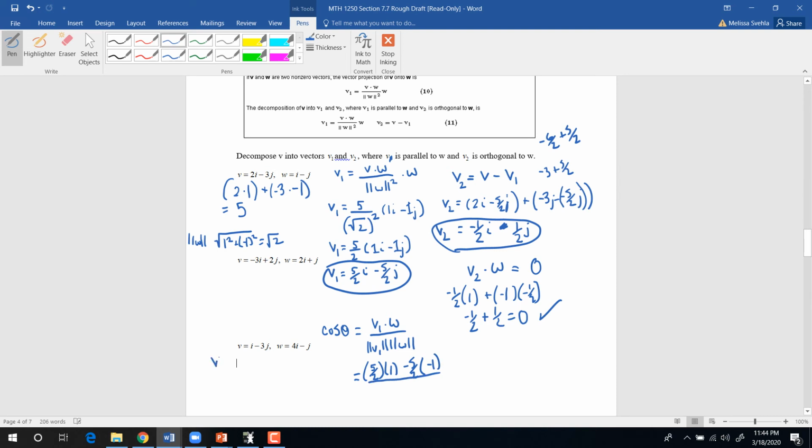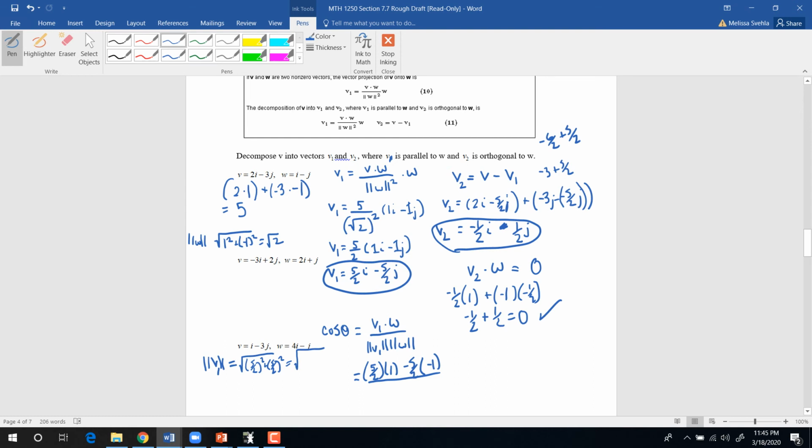My magnitude for v1, oh sorry, whoops, v1, my bad, is equal to 5 halves square plus 5 halves square.